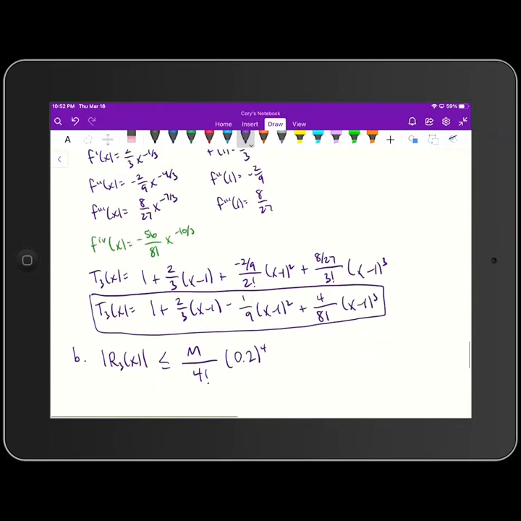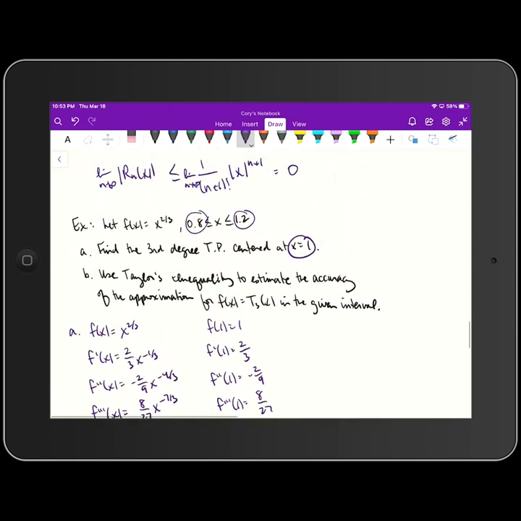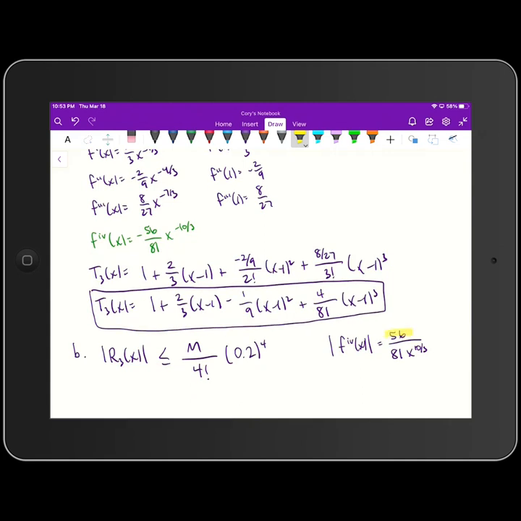Okay, so if I take the absolute value of the 4th derivative, that is going to be 56 over 81 times x raised to the negative 10/3 power. If I want to maximize the value of that on this given interval, I want to think to myself, what value on that interval can I plug in the place of x in order to make this expression as big as possible?